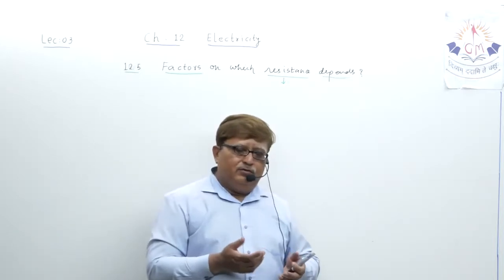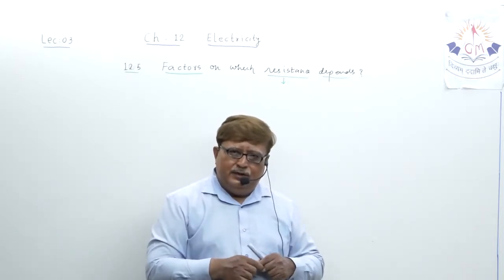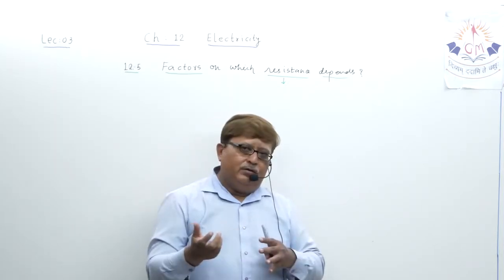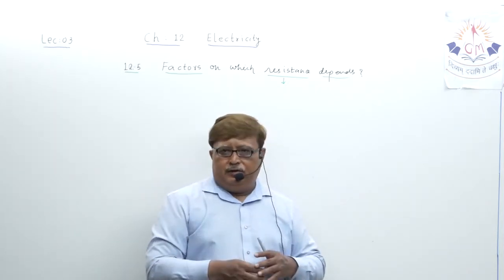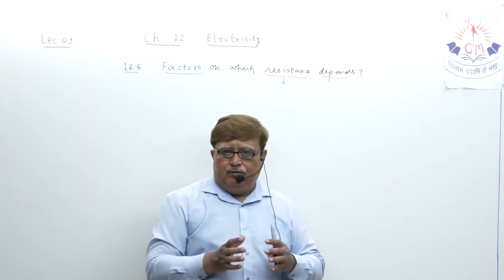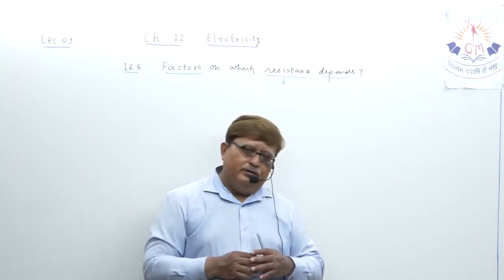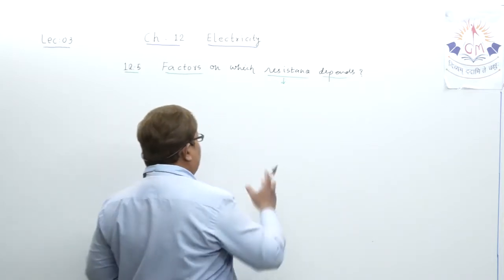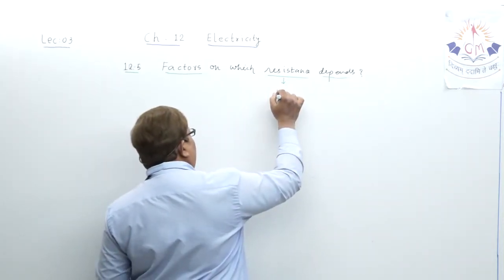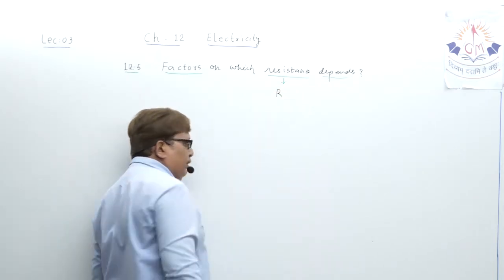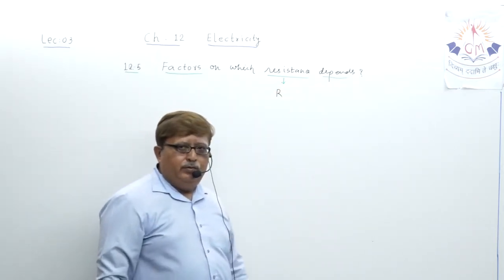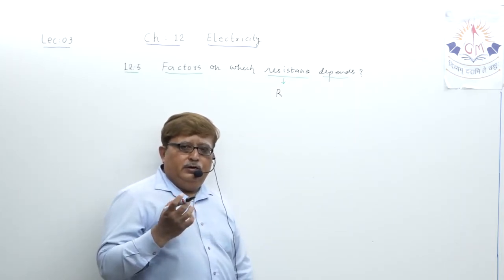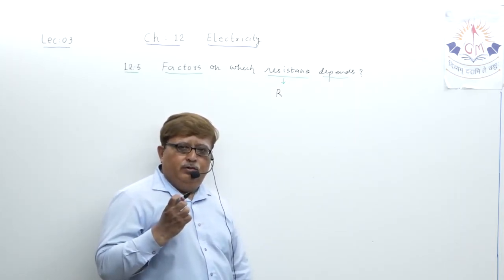Force, the word I should not utilize, understand? But the restriction on the motion of electron by any conductor is known as resistance. And that resistance has got symbol R. Like electric potential and potential difference has got symbol V.